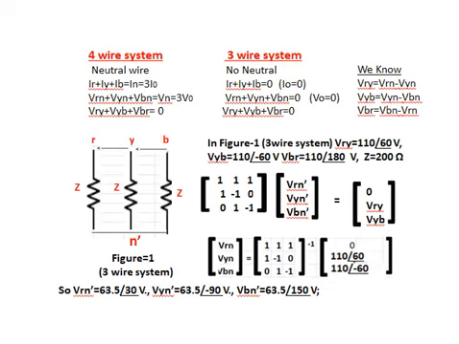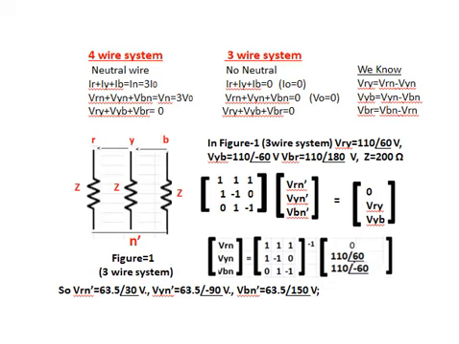The matrix [1, 1, 1; 1, minus 1, 0; 0, 1, minus 1] into another matrix [VRN dash, VYN dash, VBN dash] equals [0, VRY, VYB]. This matrix equation comes from the summation of all voltages equal to 0, and VRY and VYB.